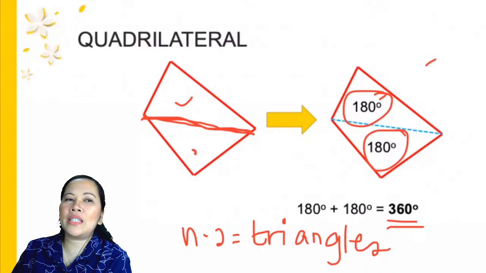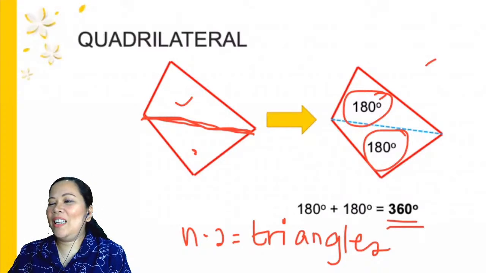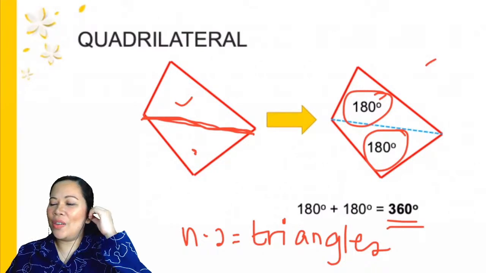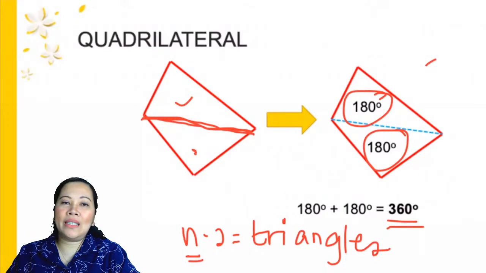As long as all the sides are equal. Okay? So if you have n minus 2, where n is the number of sides, minus 2 is equal to the number of triangles. If you notice, it's 360.